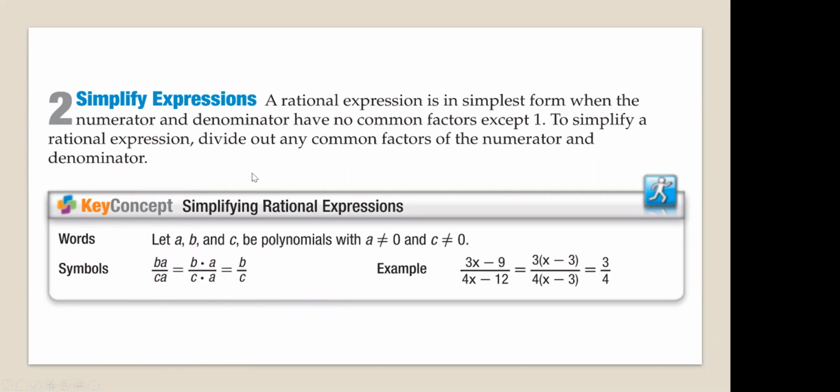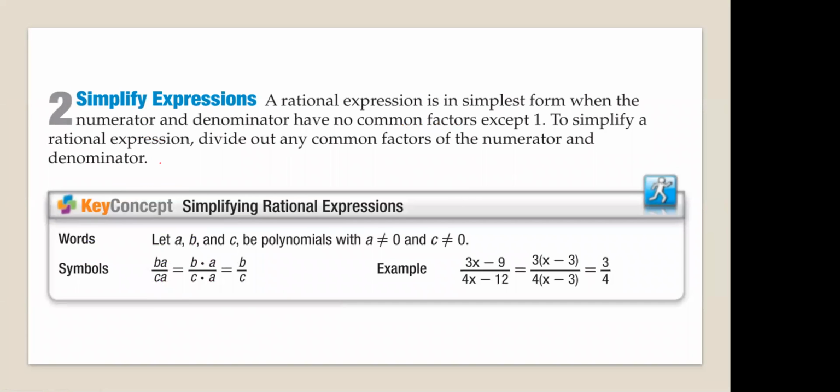Then the next section talks about simplifying rational expressions. To simplify a rational expression, you divide out any common factors of the numerator and the denominator. The example it gave us is if we have b times a over c times a, they have a common factor of a.